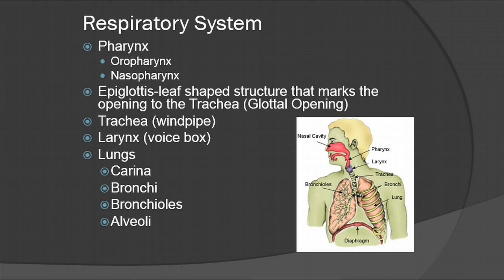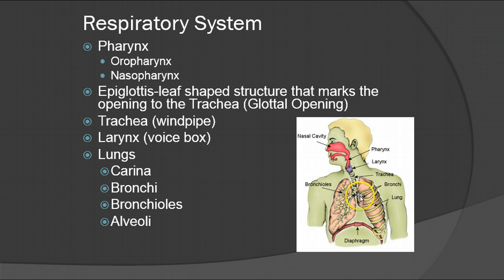And then you have the lungs, and the carina, which is the midpoint right here of the lungs, and that branches off to your different bronchi. You may also notice, although you can't really see it on this picture, that the right lung is a lot bigger than the left lung.